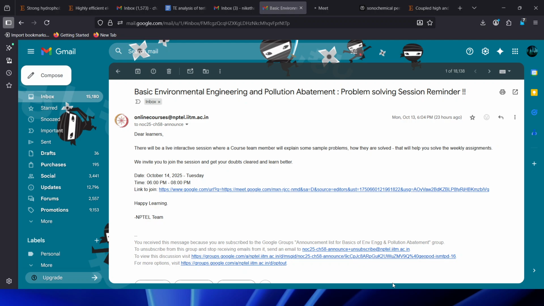So far we have seen in the course, the first step is to eliminate the pollution from the source itself. If someone is emitting pollutants, or if some industry is polluting, then the raw materials used should not be polluting. The processes should be changed in such a way that the pollutant emission is very low.